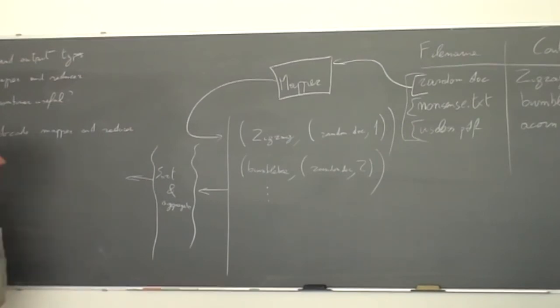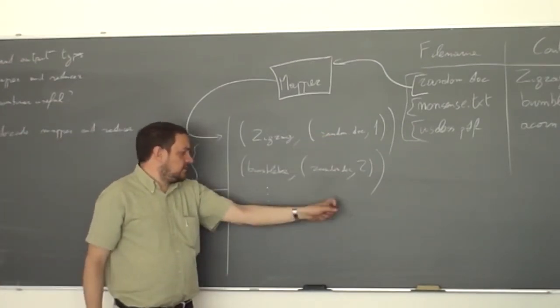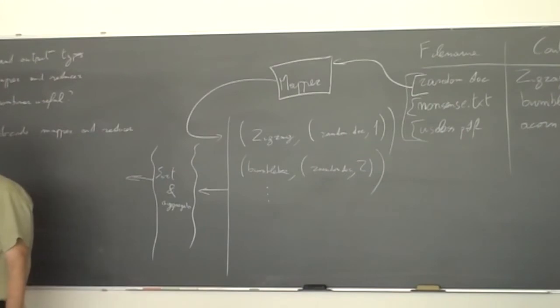The list of values corresponds to the same key in the mapper.